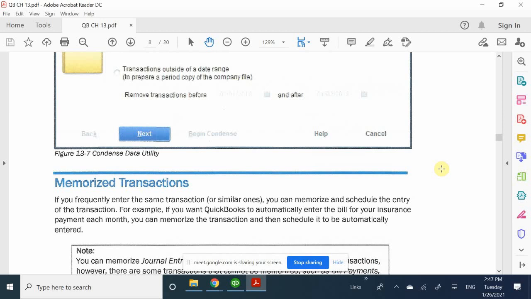It makes it a lot easier on your plate to enter in recurring things that occur the same way. So entering in a bill, you can schedule QuickBooks to enter in the bill for you automatically. That's what's really cool.